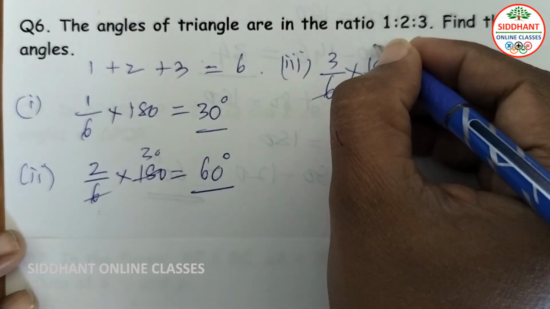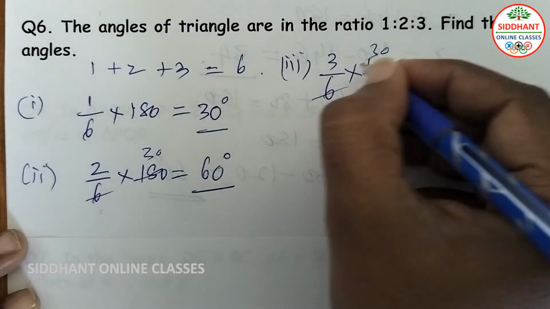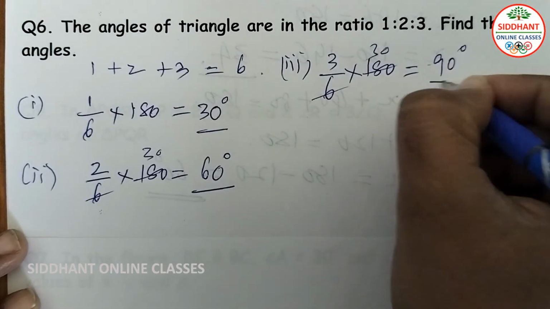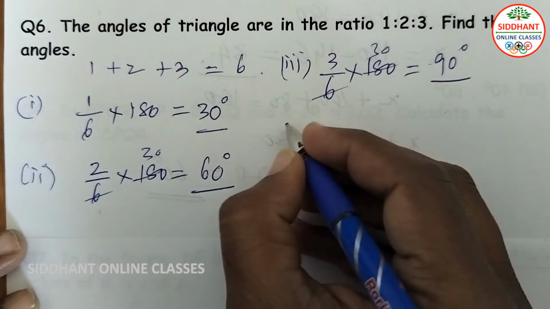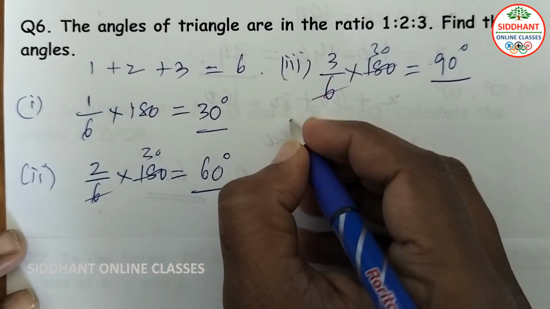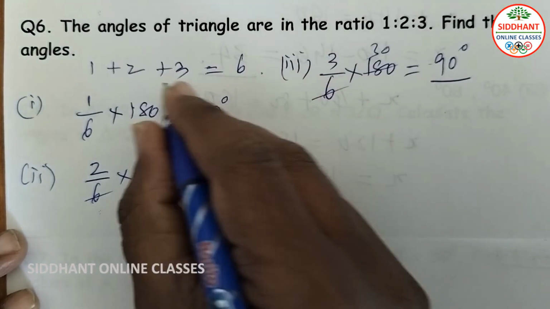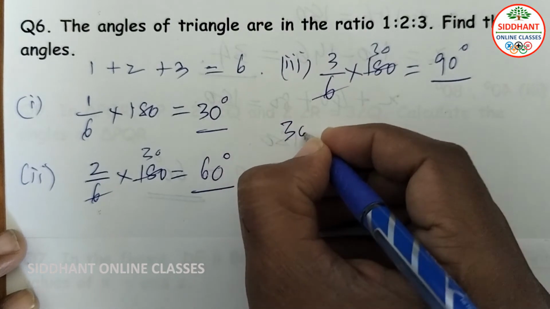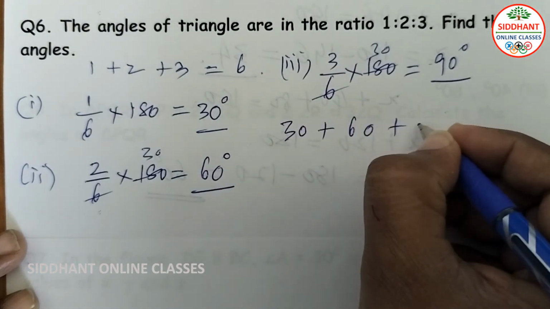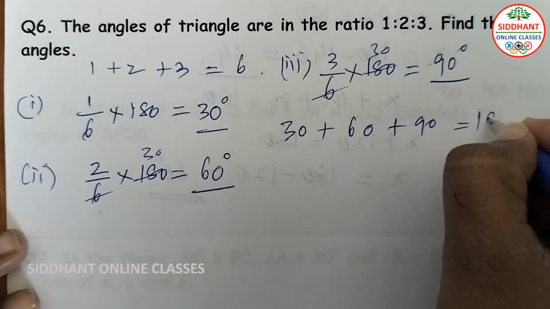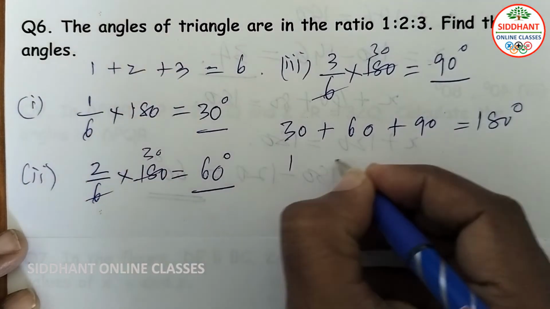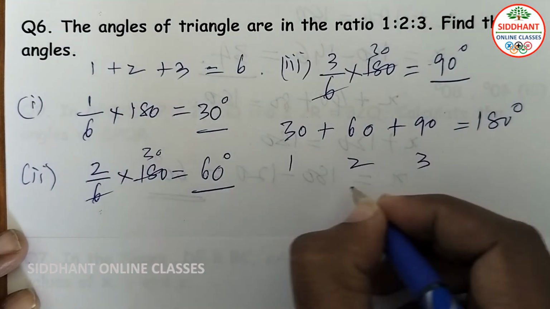That means 30 into 3, that is 90 degrees. So the three angles, 30 plus 60 plus 90, which is equal to 180 degrees, are in the ratio 1:2:3.